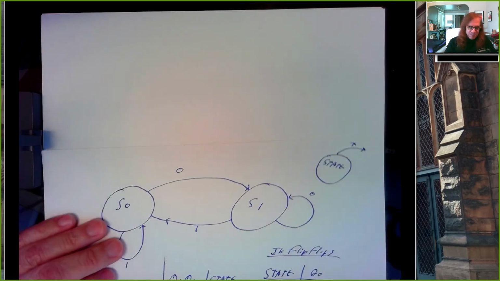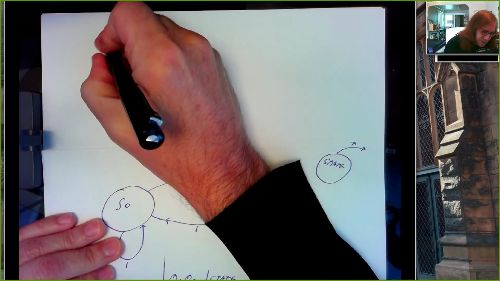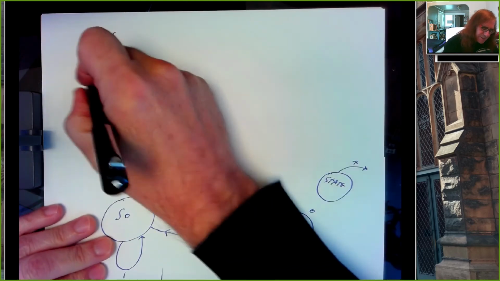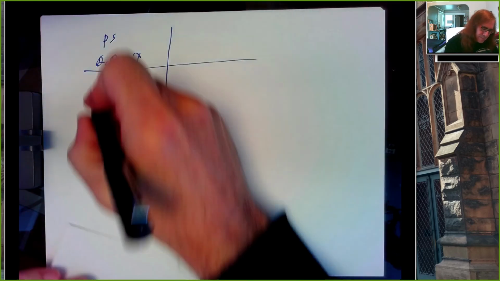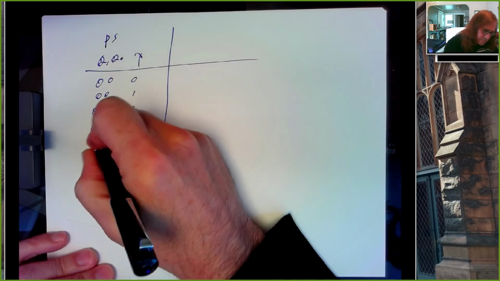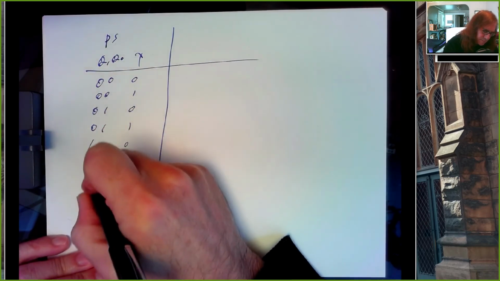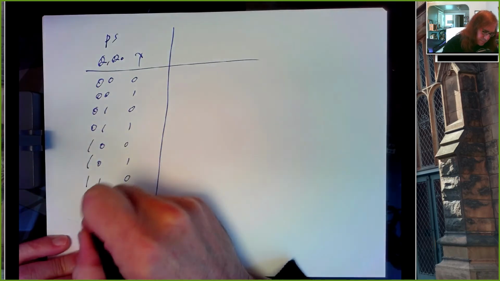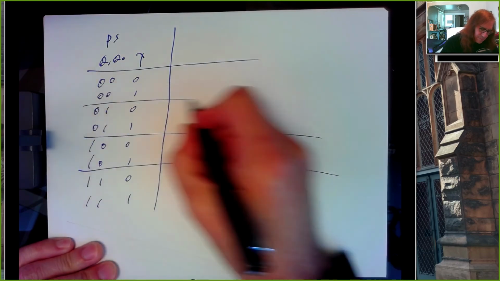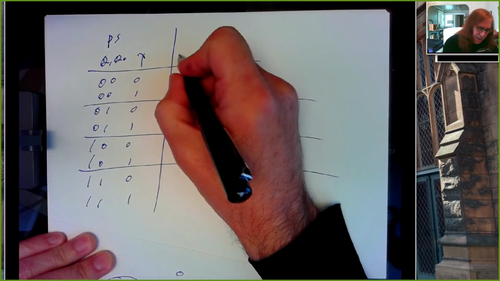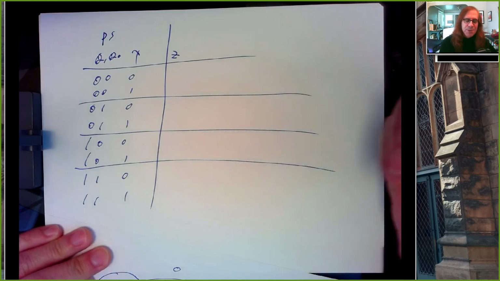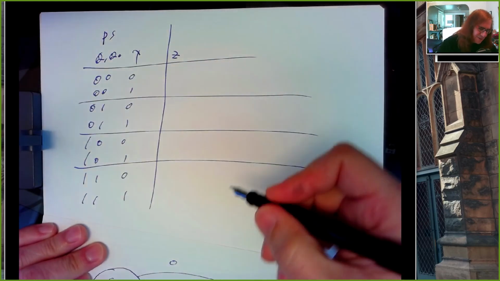So we might make a truth table like present state Q1, Q0, and our input X. And we'd have some output Z, and we would put it in some do no harm state for these illegal states.